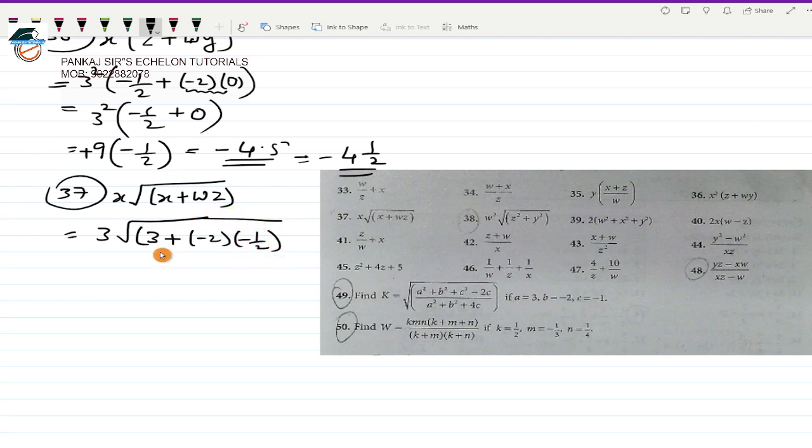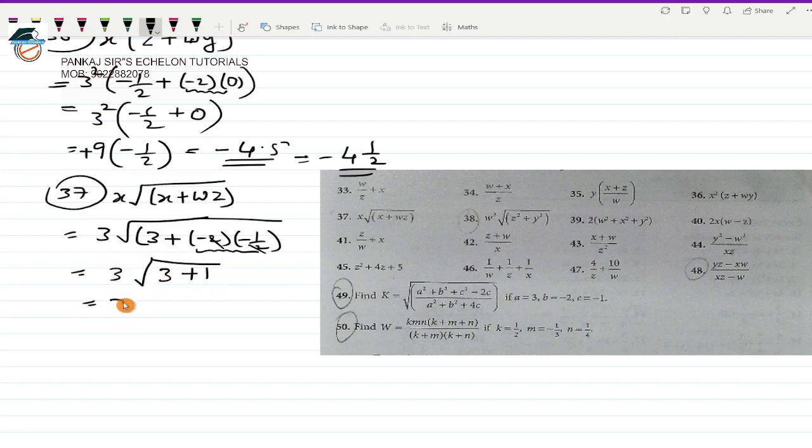Now from inside you'll have to work outward. So I'll do this first. Minus into minus will be plus, and 2 into 1 by 2, the 2s will cut and we'll get 1. So this will be 3 plus 1 inside the square root, and you have a 3 outside.